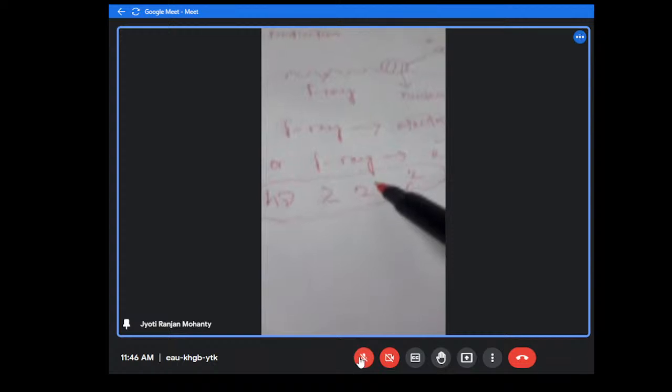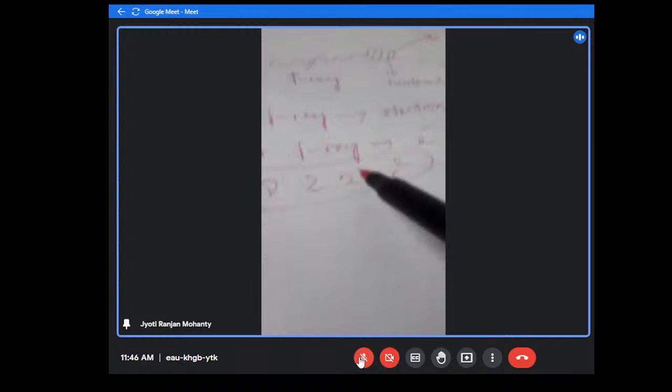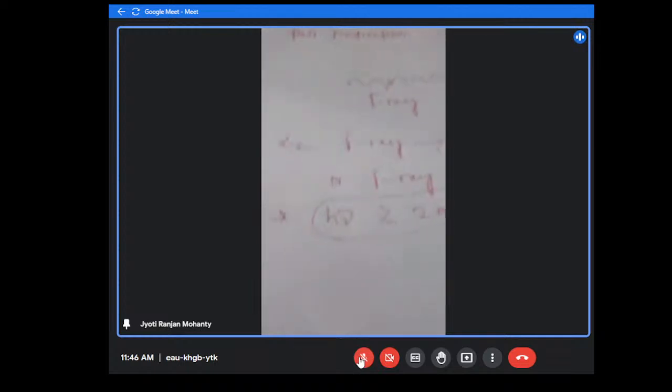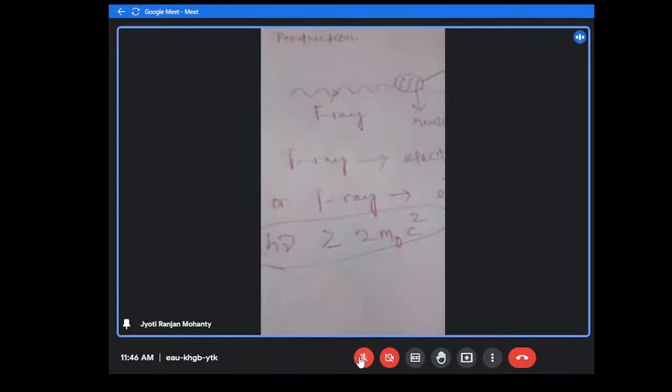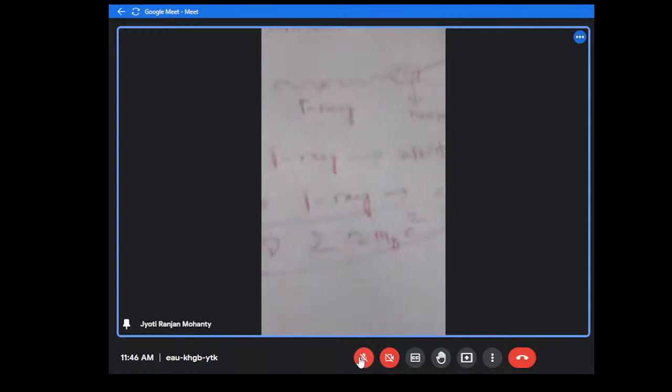Otherwise, no pair creation occurs. So these are the 2 points you have to remember.